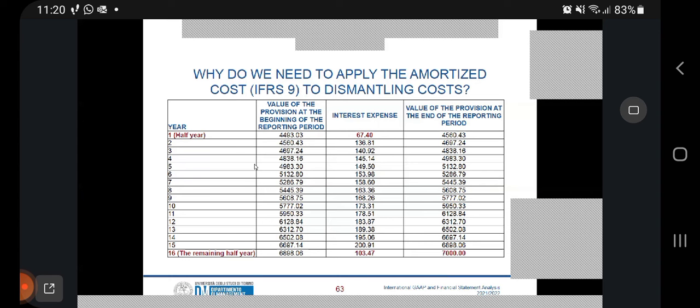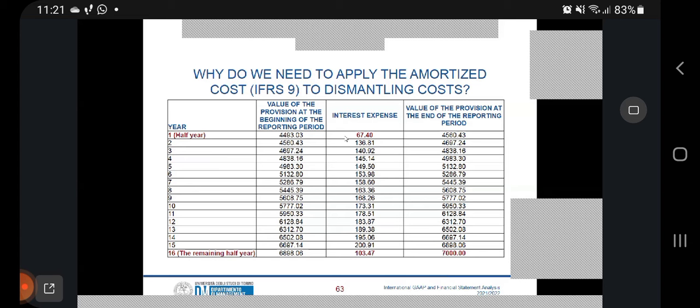This procedure is called the amortized cost that you're going to study during the last lecture of this course. But don't worry. First of all, year one, just half year. This is the present value that we computed at the beginning of the exercise. And then the interest expense just for 6 months for the first year.